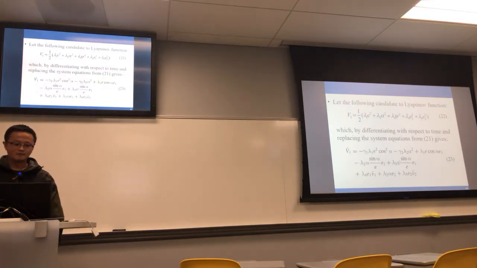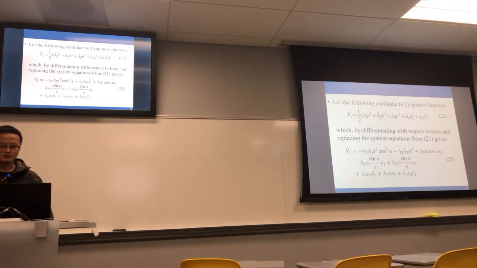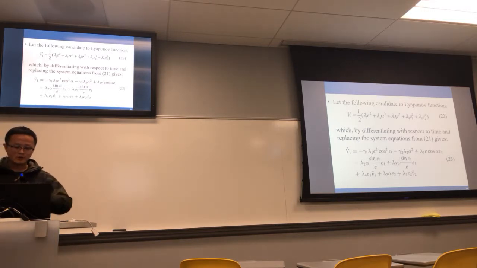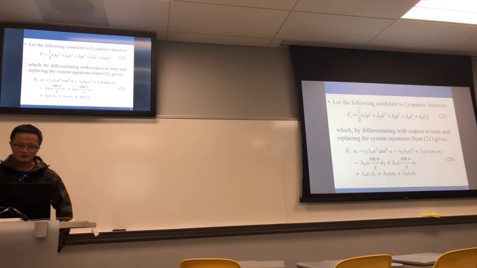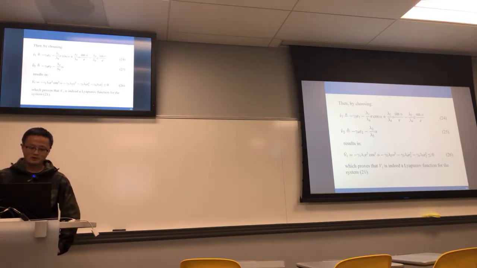Then let the following be the candidate Lyapunov function, which by differentiating with respect to time and replacing the system equation from equation 21, we get equation 23. Then by choosing mu1 and mu2 in this form, we can get V1 dot.